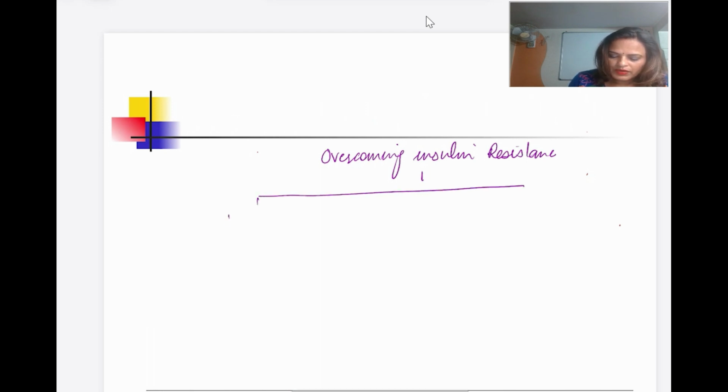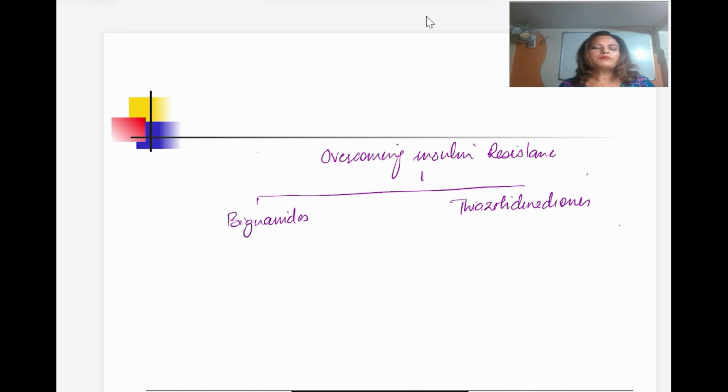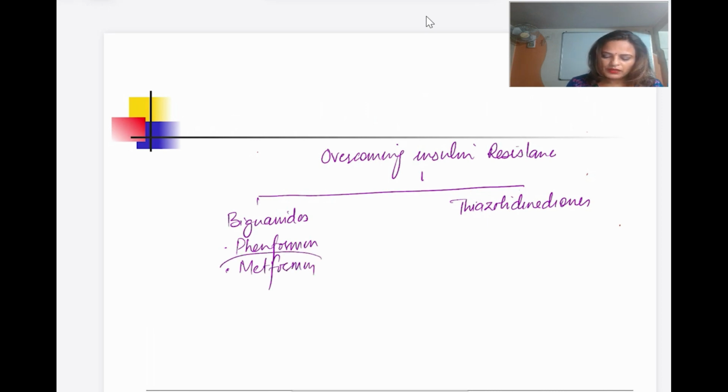One is Biguanides and the other one is Thiazolidinedione derivatives. With the Biguanides, we have two drugs, Metformin and another one, but clinically we use only Metformin. The other is not used. Now how do Biguanides or Metformin act? What is the mechanism of action of this group of drugs?